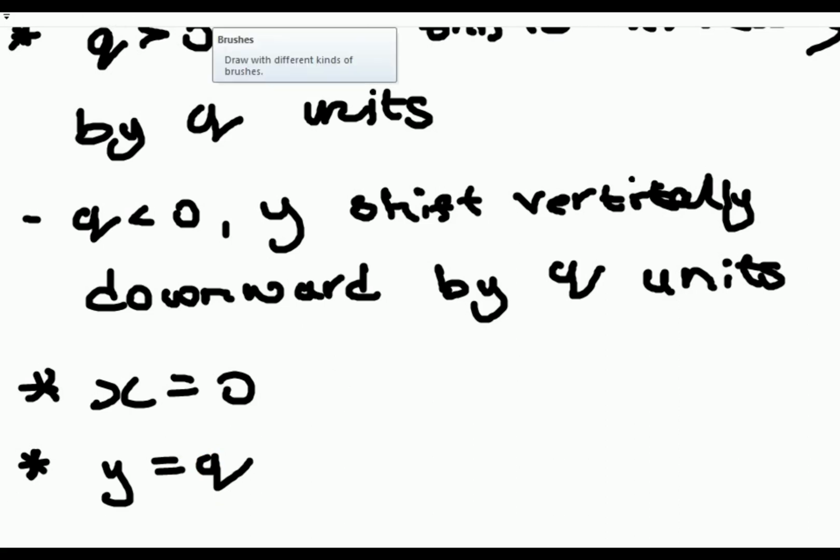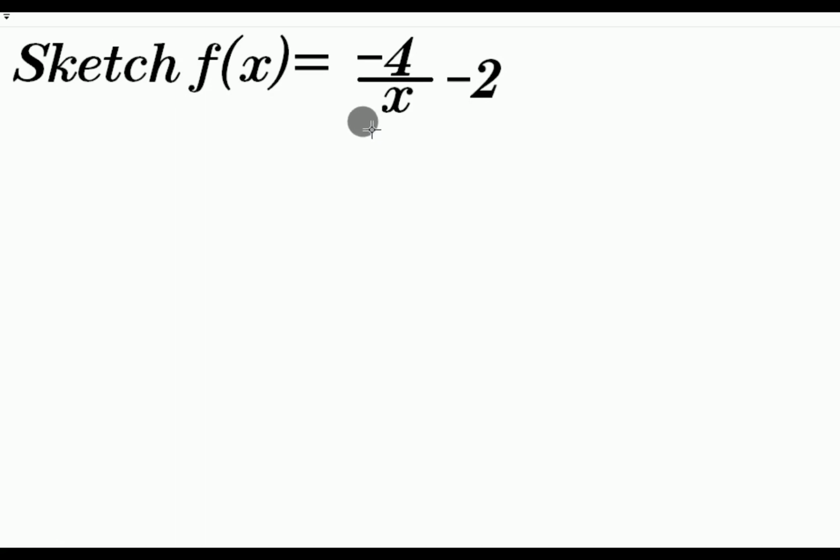So now let's get to sketching our function. Let's find an open space. The question says sketch the function f of x is equal to minus 4 divided by x minus 2.